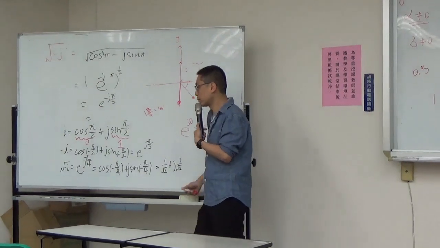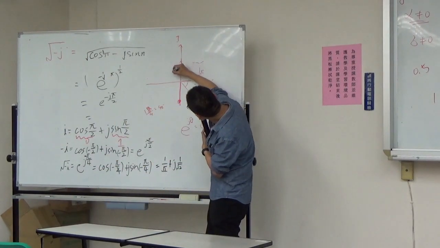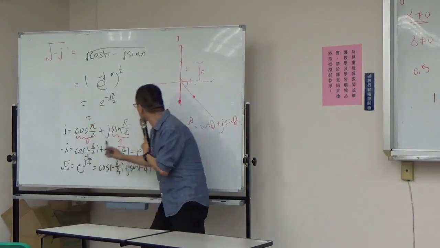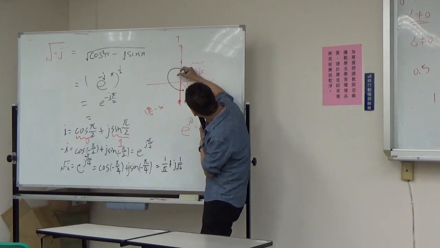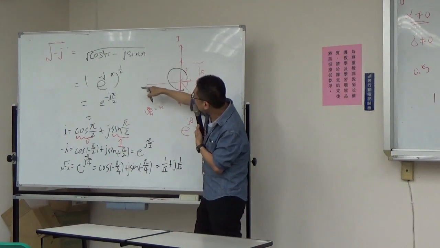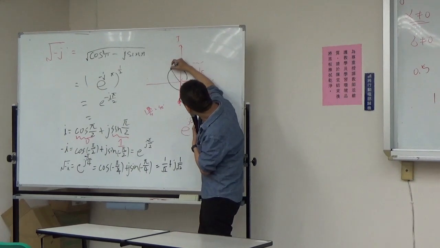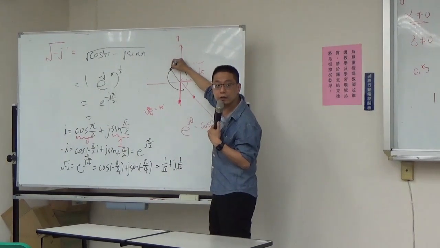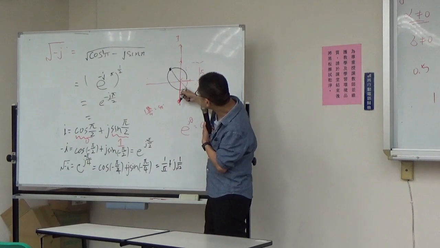There is another way to think about that. Maybe your theta is from here to here. Now you take the half of that, you will get this point. Okay, so you take this point, or you can take this point.